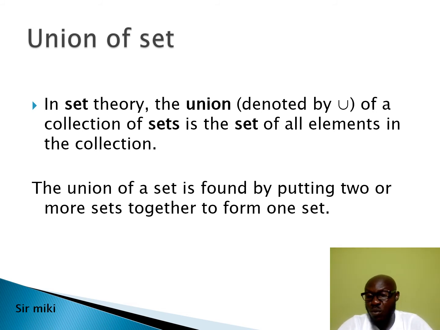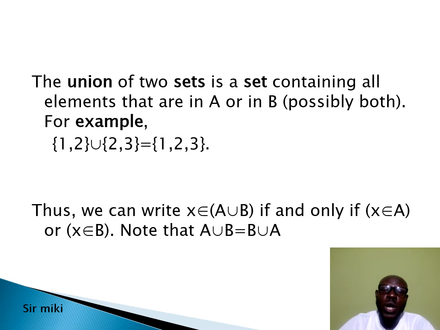Let's try to throw more light on this. The union of a set is found by putting two or more sets together to form one set. The union of two sets is a set containing all the elements that are in set A or in set B, possibly both.